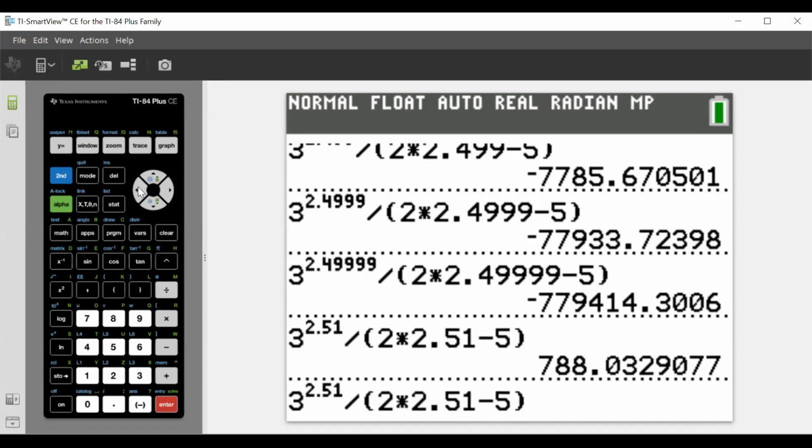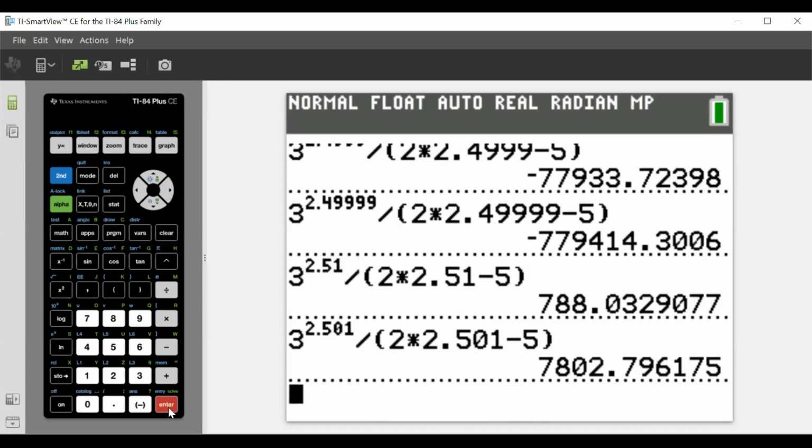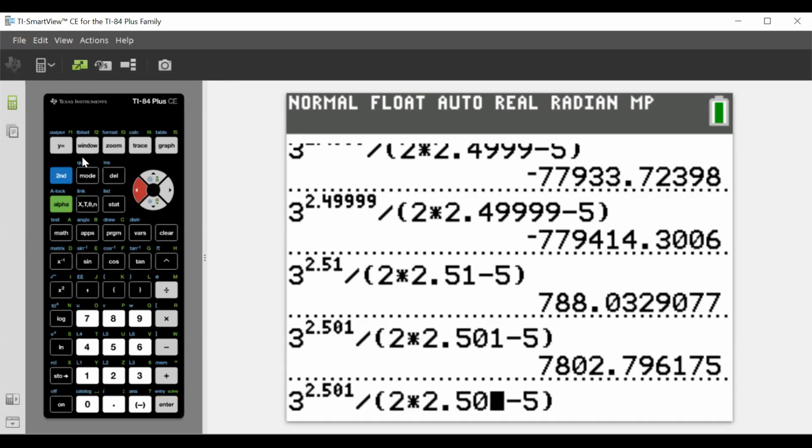And now we go up here and we add that 0 in here. Go over here, that's going to be a 0, 1. And so that's 7802.796.